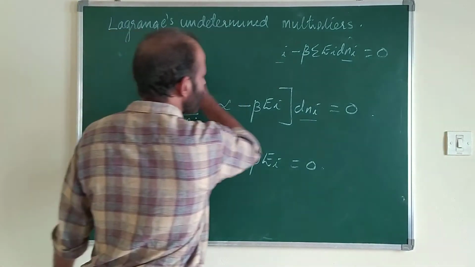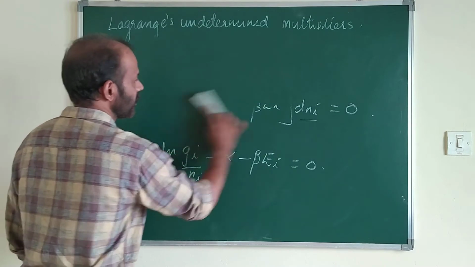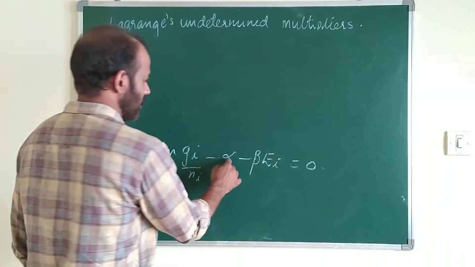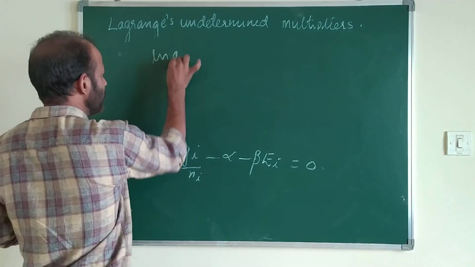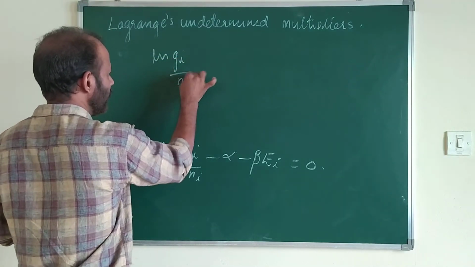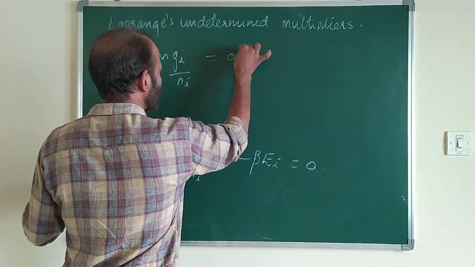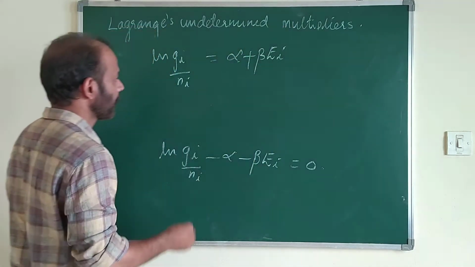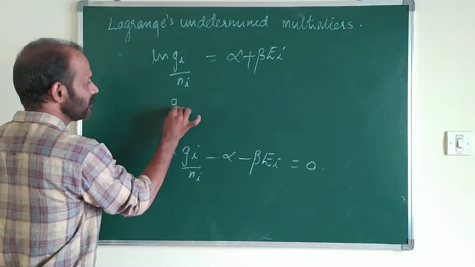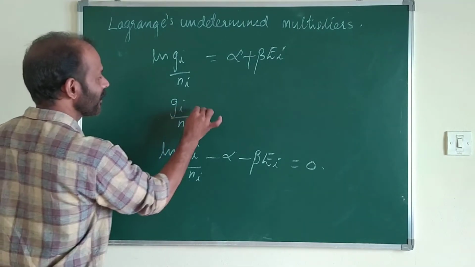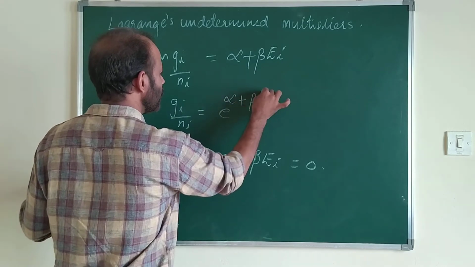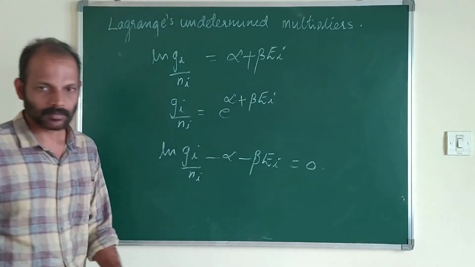Then we get ln Gi by Ni is equal to alpha plus beta Ei, or Gi by Ni is equal to e raised to alpha plus beta Ei.